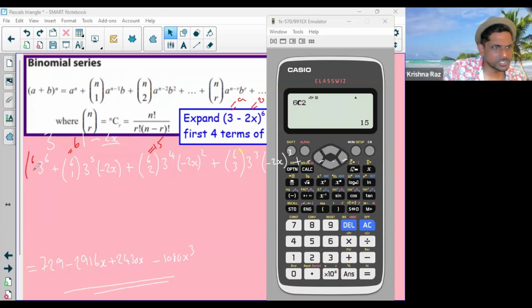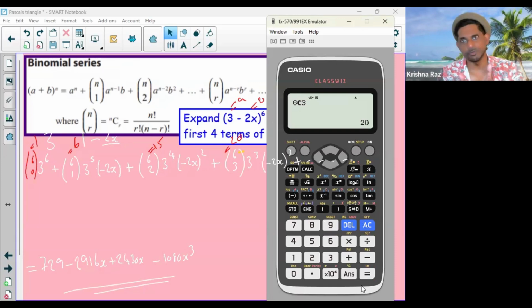So this would have been 6 choose 0. We know that the coefficients of Pascal's triangle that we just used were 1, 6, 15, and 20. So is 6 choose 0, 1? I think we know the answer to this. Yes. Is 6 choose 3? 20. We know the answer. Of course it is.